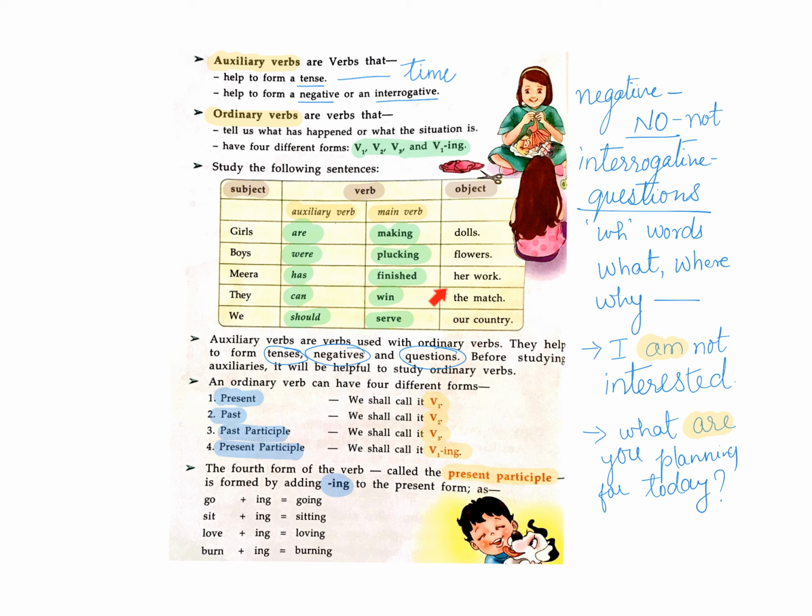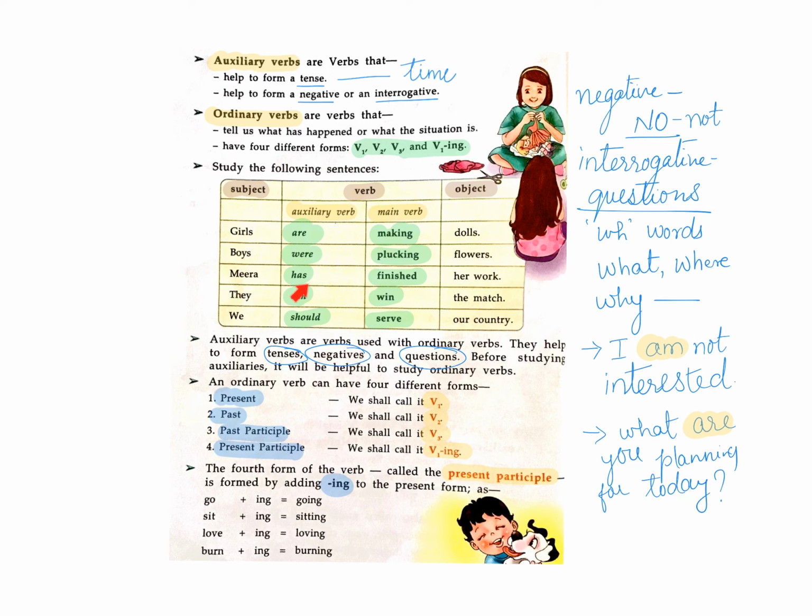Here are some more examples. The second sentence: boys were plucking flowers. In this sentence, subject is boys, verb is were plucking. Were is the auxiliary verb, plucking is the main verb.